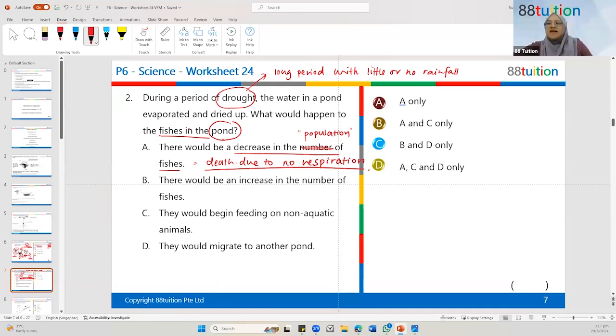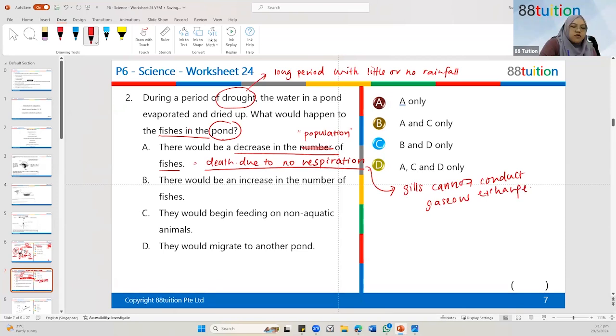You cannot just say, oh, they die because they got no water. Like, what's the significance of water in this case? So you must be a bit more specific. No water means they cannot respire because the gills cannot conduct gaseous exchange. No water, ma.